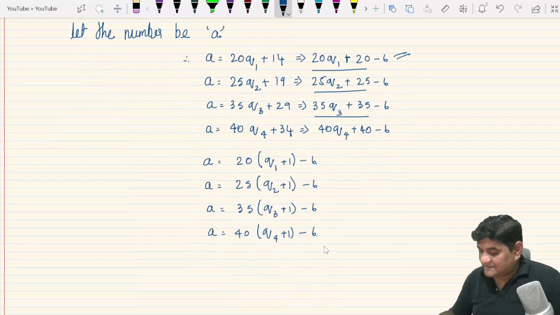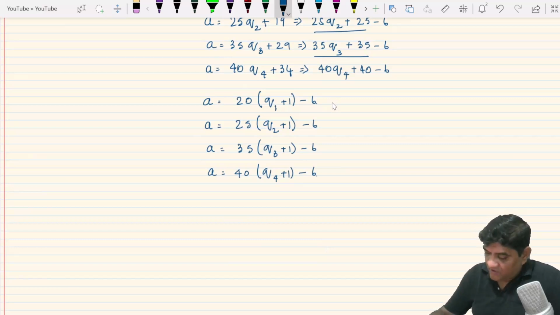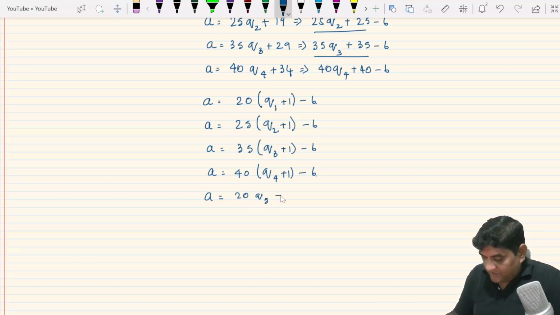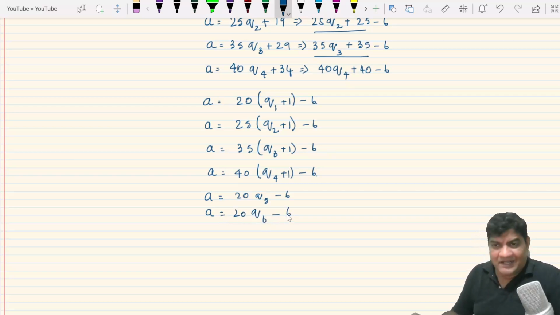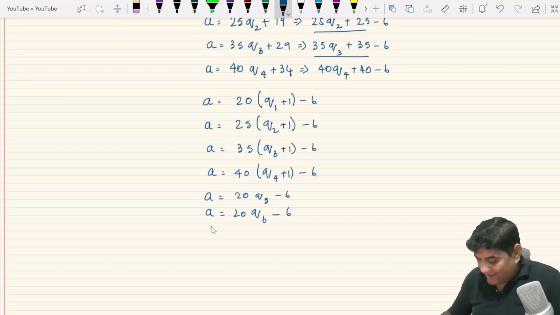So look at this, guys. What is this now? All these equations can now be written as A is equal to 20 some Q5 minus 6. A is equal to 25 some Q6 minus 6. I'm taking Q5 as Q1 plus 1, another number. Again, I have A is equal to 35 Q7 minus 6, and then A is equal to 40 Q8 minus 6.